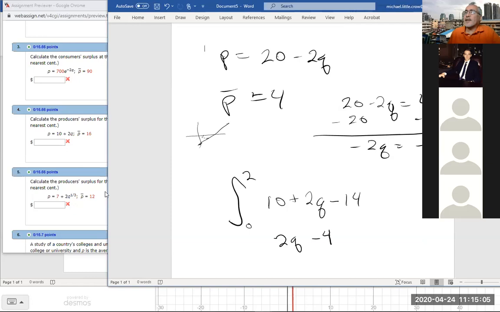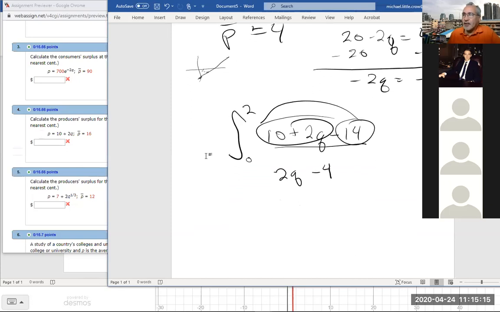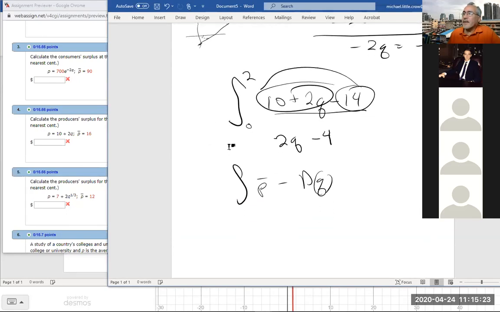Well, let's talk about this one. The problem with this one is this has to go first, and then we're going to subtract this part. For producer surplus, we get P bar. Would it be negative 14 minus 10 plus 2x? Is that what you're saying?